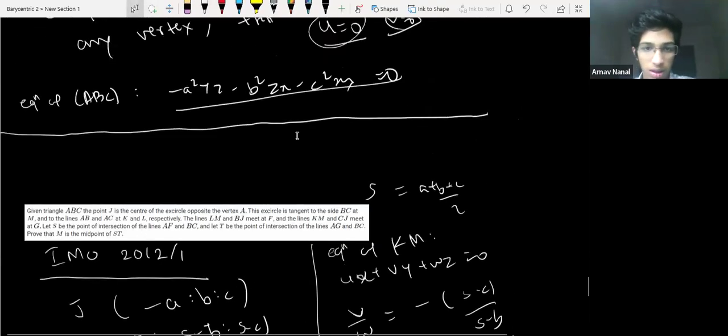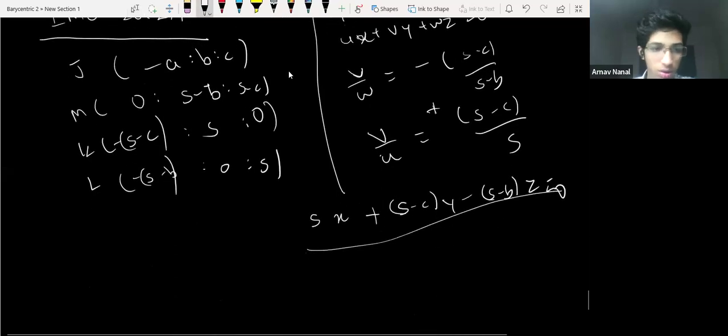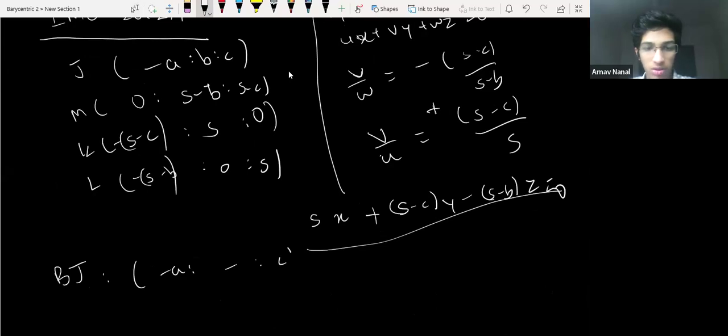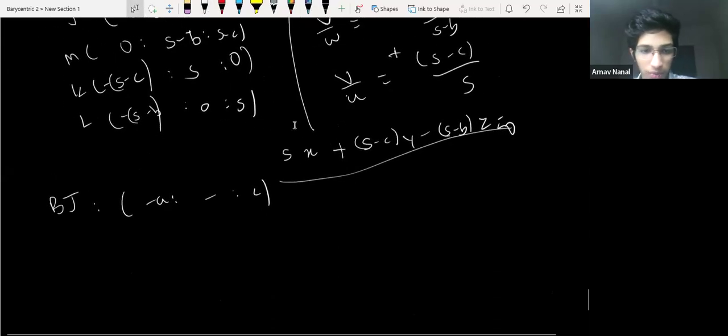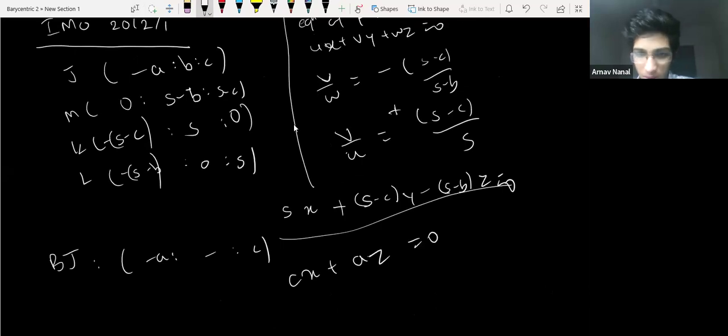Now you want to intersect this with BJ. So BJ you can just parameterize it. It should be minus A is to something is to C. So what you get is Cx plus Ay, Az equal to 0. Now we need to solve this together.